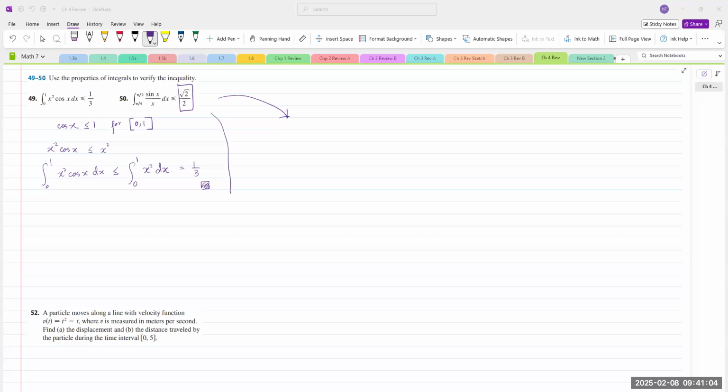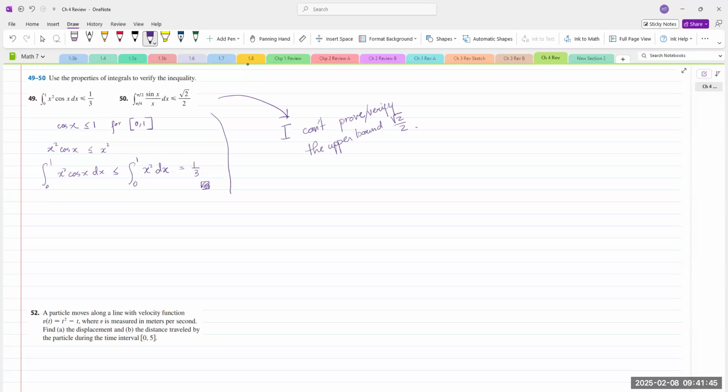So let me say I can prove or verify this inequality in a simple way, the upper bound of radical 2 over 2, for your level.